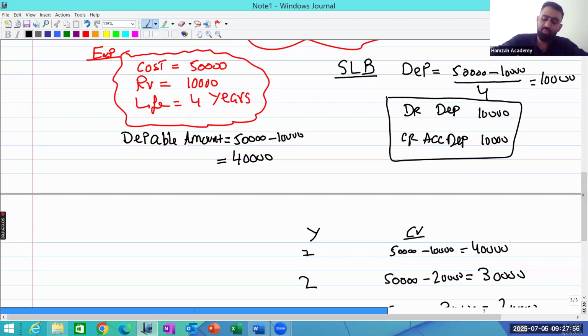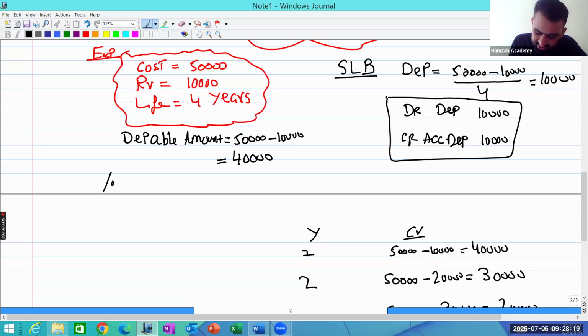But if we have the same asset and I have to use the reducing balance method, you know that in the reducing balance method we need a percentage, and I have calculated that percentage, which is 33.13%.